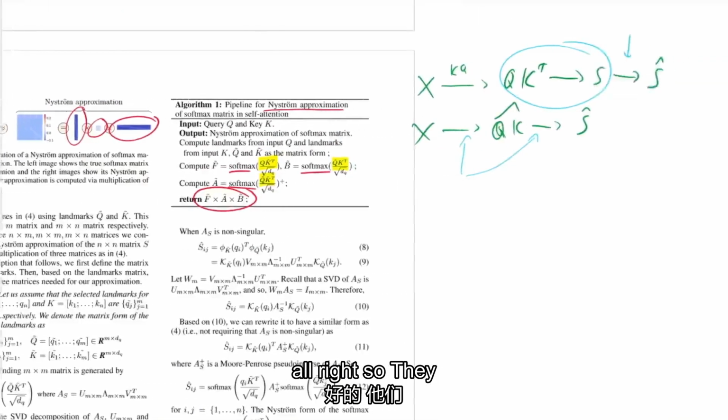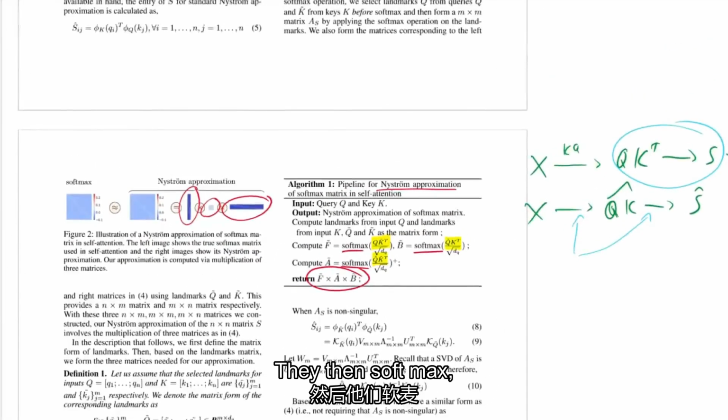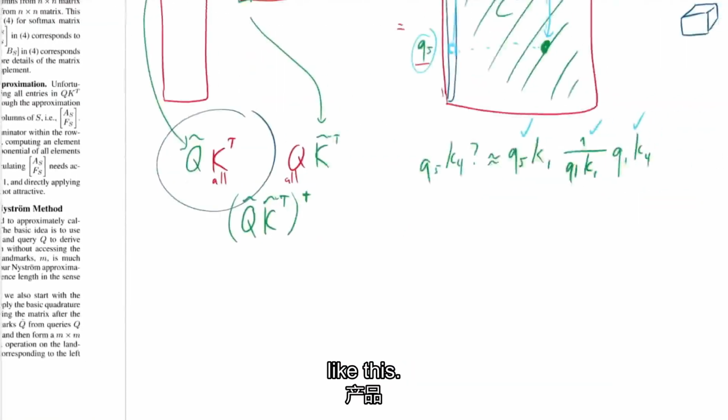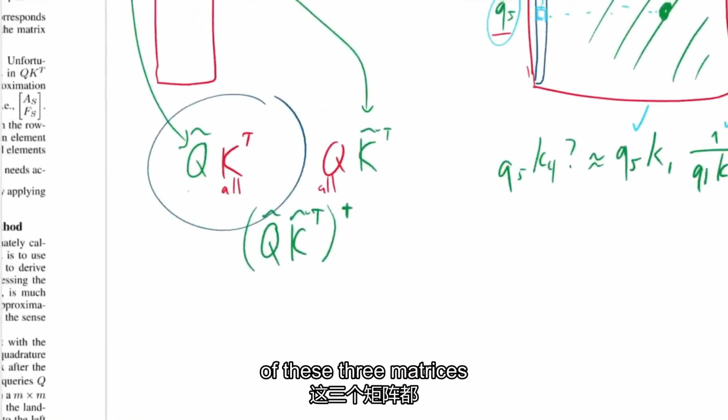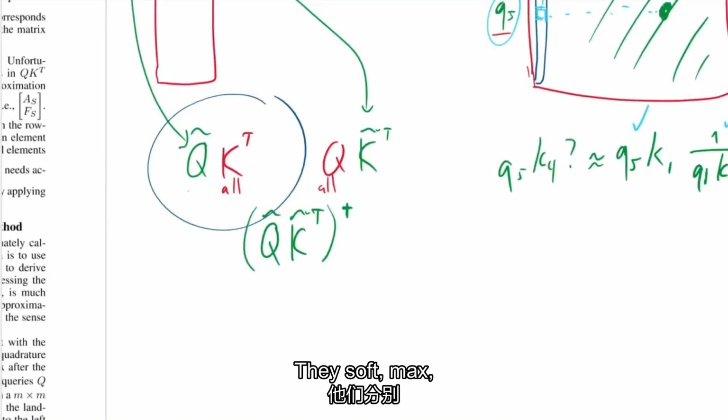All right. So I hope you got how they do this approximation. They select the landmark queries and the landmark keys. They then softmax the products between landmarks and non-landmarks like this. So all of these three matrices are much smaller than the original matrix. They softmax those individually, and then they calculate them together in order to recover the full attention matrix.